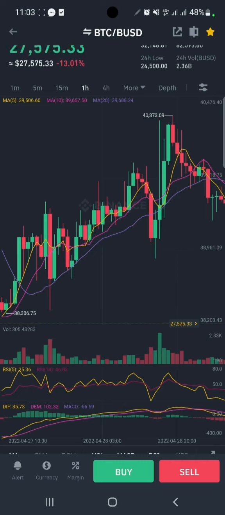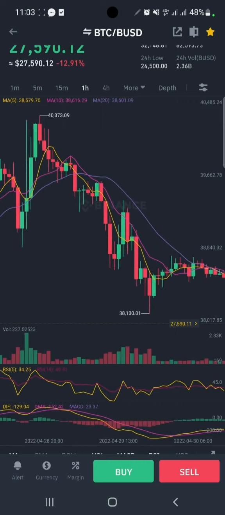That's how you know an uptrend. Then in a downtrend, you see what has happened here. The 20 moving average has gone above all of them, the 10 is in the middle, and the 5 has crossed down below all of them. It's as simple as that. It's not difficult to understand what's going on here.